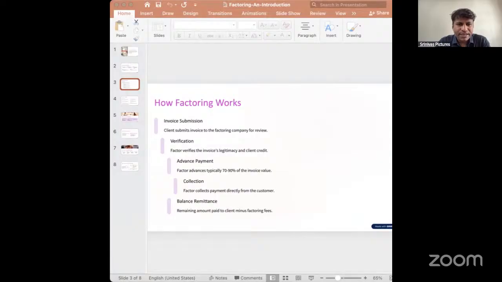The business concern sells goods, and the banker provides the amount on behalf of the company. After that, the banker collects from the customer and repays the institution. For doing this, a certain charge is levied.